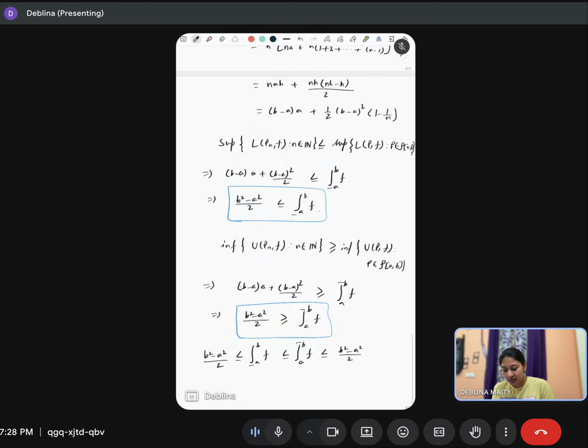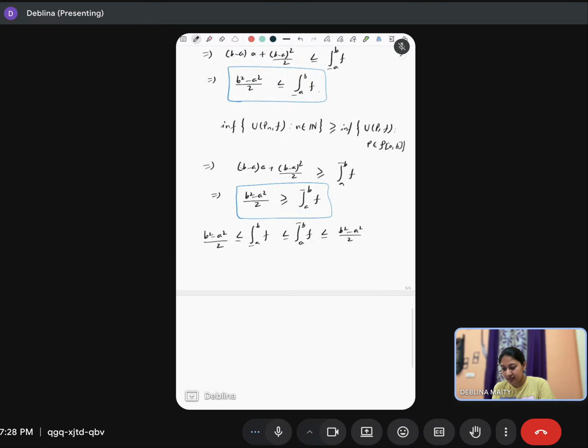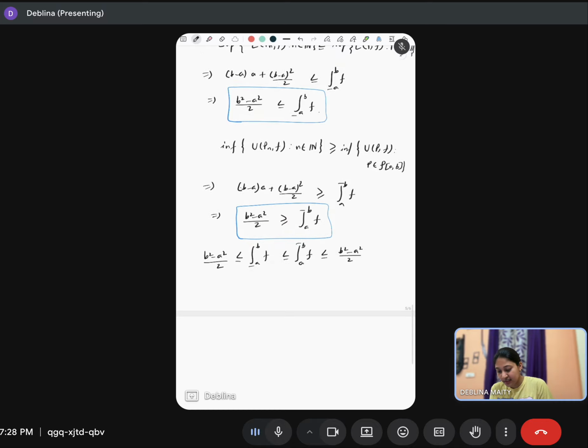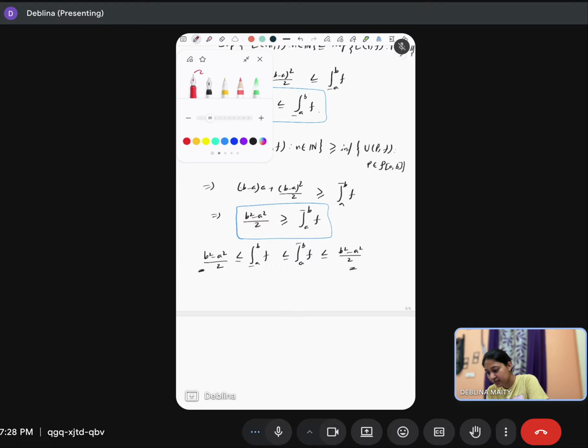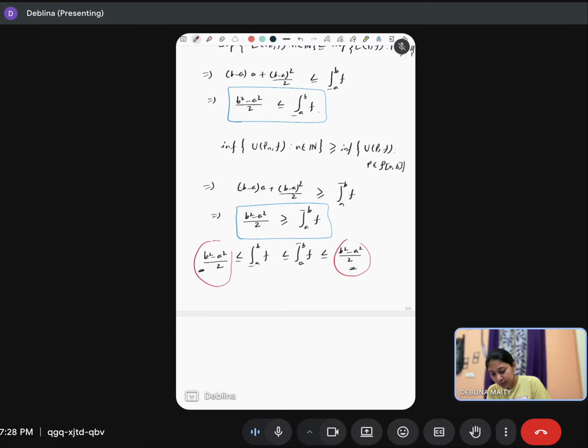Using theorem 1 and these two relations, we get this one. Now both these two are the same number. So by the sandwich theorem, since these two are equal, all the values in between them must be equal, right?